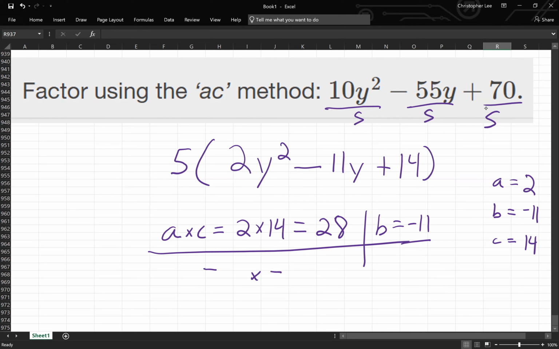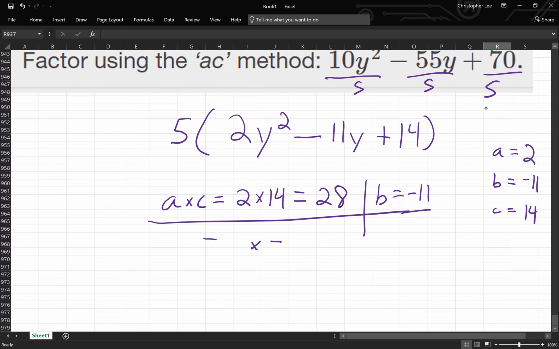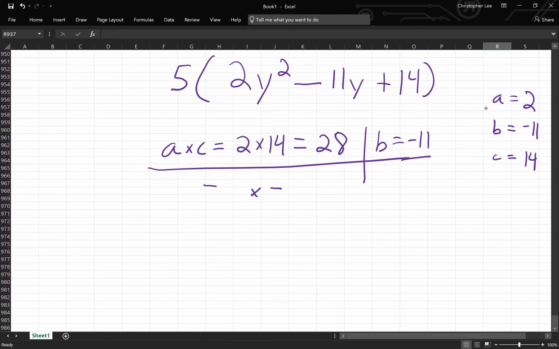So two numbers that multiply to 28, what are they? Like I said, 7 and what? If you don't know, go straight to the tree. We know that 2 times 14 is 28.